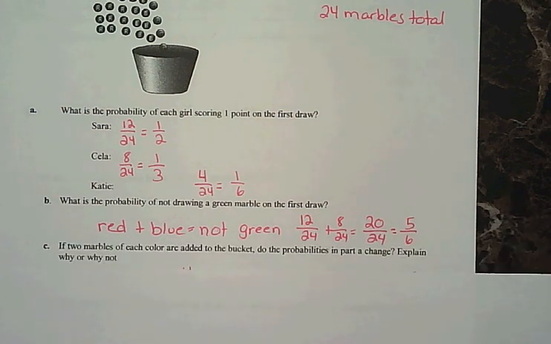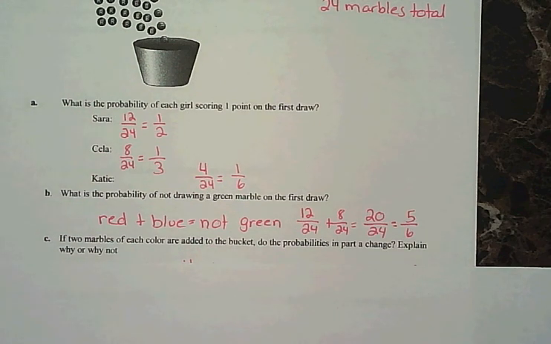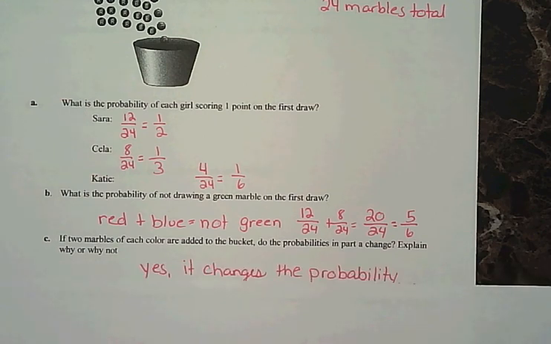If 2 marbles of each color are added to the bucket, do the probabilities change? You can just write yes or no for this answer. And it should be yes. It changes the probability because the red, for example, would become 14 out of 30 because there's 2 more of each color.